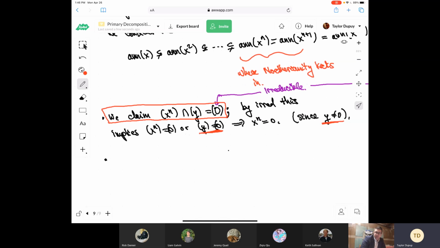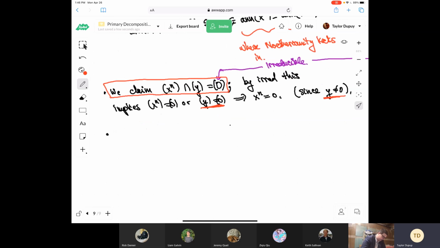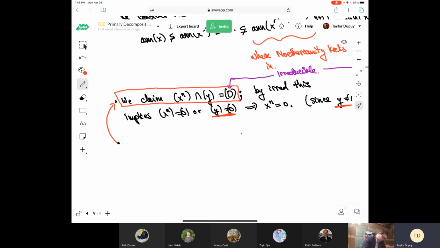It remains to show that this is true, so we need to prove this claim. To prove the claim, we take an element that's in both and show that it's 0.